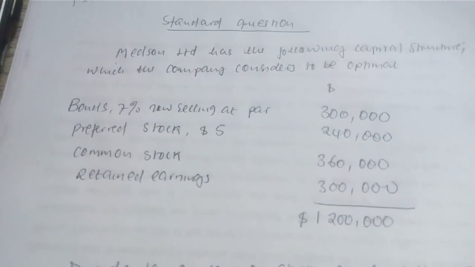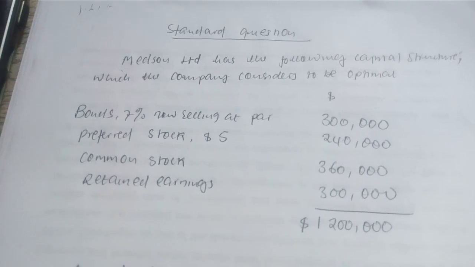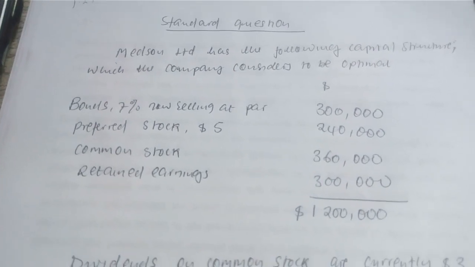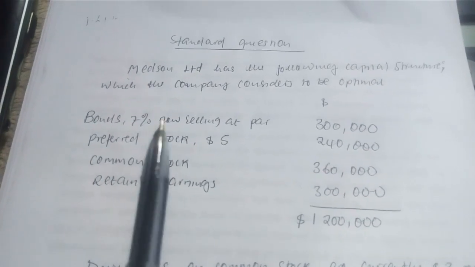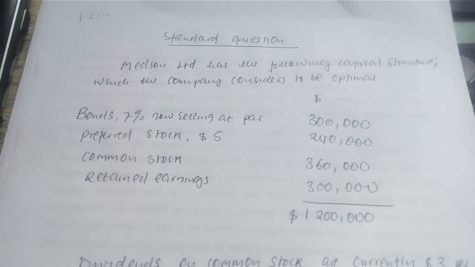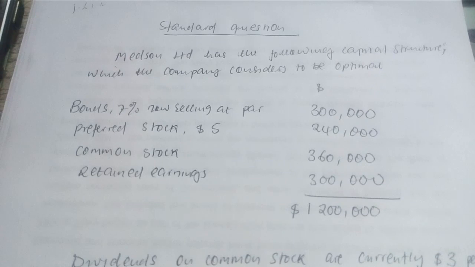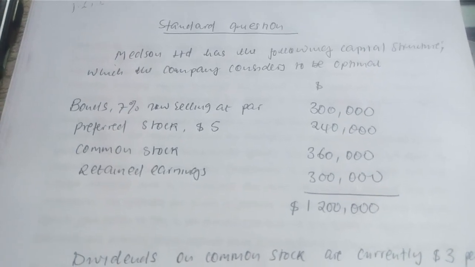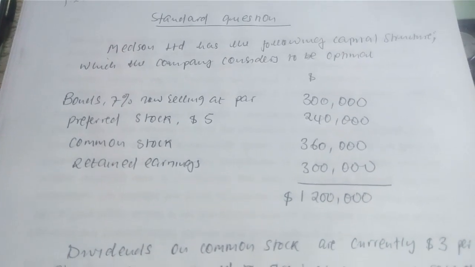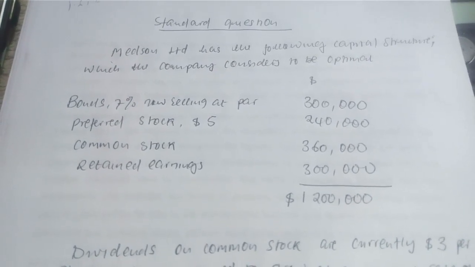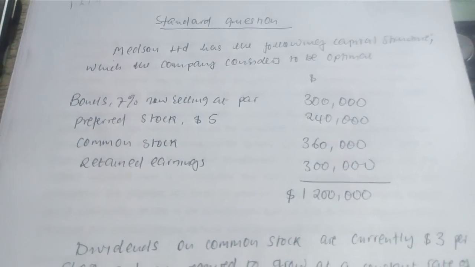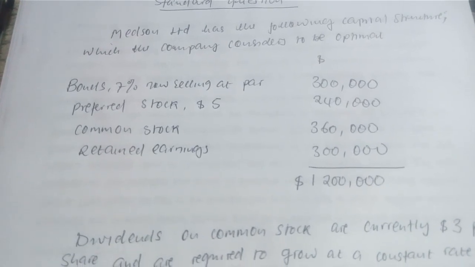So we are going to look at the standard question, which applies all the techniques that we just looked at. The question reads, Medson Limited has the following capital structure, which the company considers to be optimal. Bonds with a before tax rate of 7%, which are selling at par, valued at $300,000.